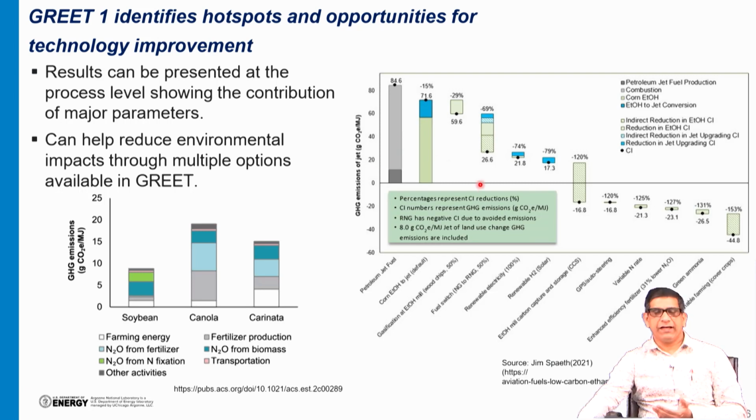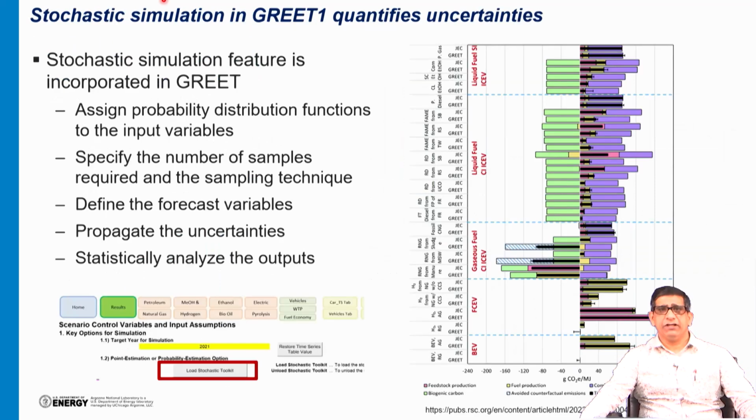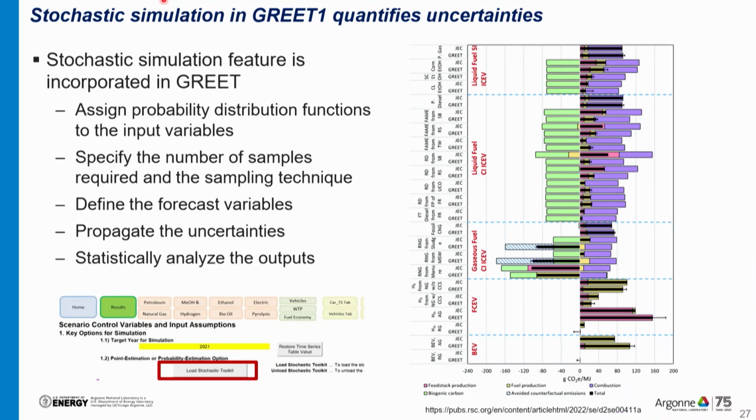On the right hand side, you are looking at GHG emissions of jet fuel in grams of CO2 per unit of energy for the different pathways: petroleum, corn, gasification, fuel switch, renewable energy. You can see how much greenhouse gas is coming out, and that helps us make decisions about what kind of energy we should go for.